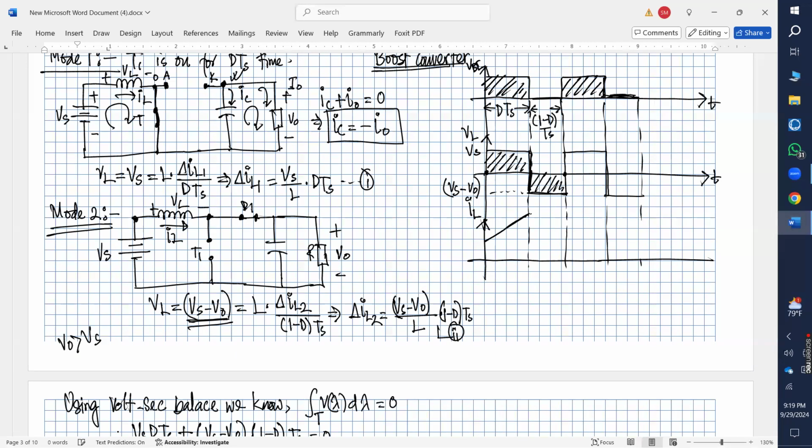So it will be charging down up to this point, and then again charge up when there is a positive voltage, and whenever the voltage gets negative, it will charge down. So the current waveform will be similar to what we had for the buck converter, but the voltage across the inductor will be different because we have switched the position between the source and the load.